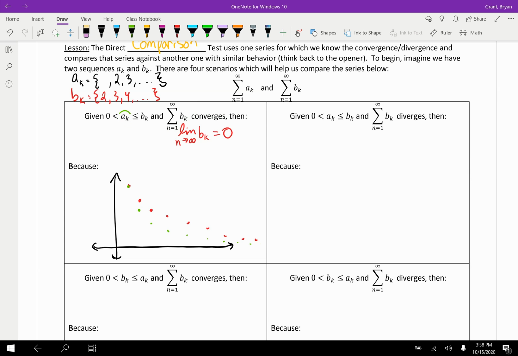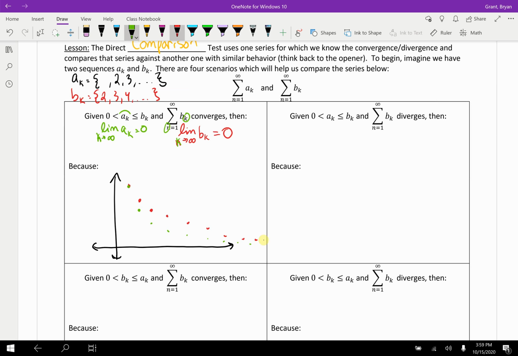So right away, because of this, we know that the limit as n approaches infinity, oh, I guess I should be using k here. Sorry, I'm using n and k interchangeably, and that's really silly of me. I guess I'll stick with k, though, since that's what your book uses. So the limit of a sub k also has to equal 0, which means a sub k may converge.